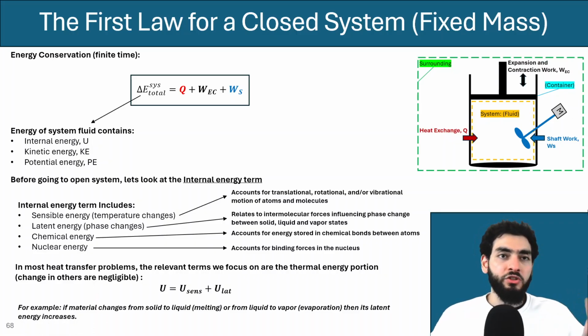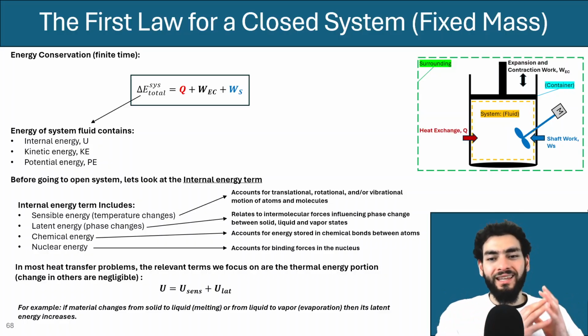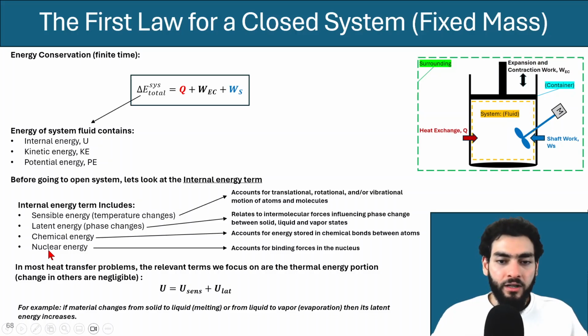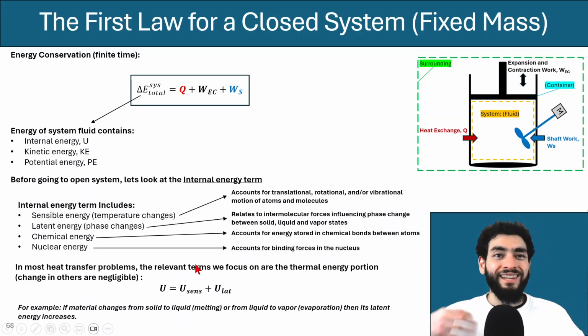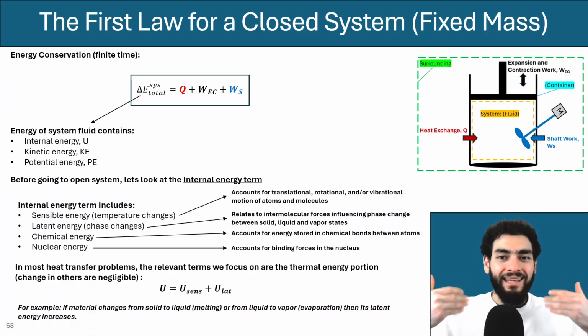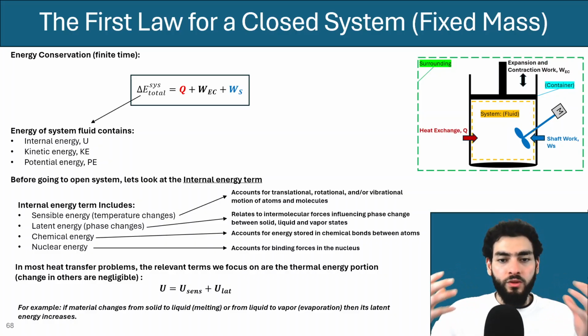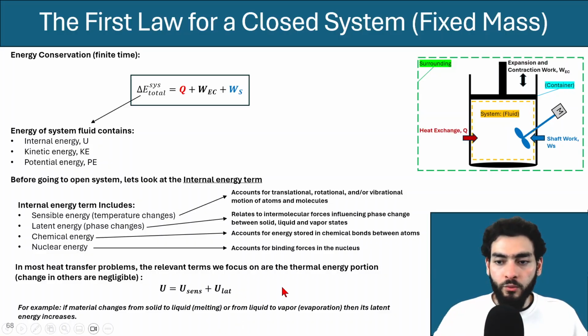So you could say that changes in the internal energy is comprised of the changes in the sensible heat and the changes in the latent heat when it comes to most of the heat transfer applications. And also, as I said, for the chemical energy or nuclear energy, if there's any generation of these energies involved in the heat transfer applications we're looking at, then we're going to apply them in the energy balance with another term that we will see together.